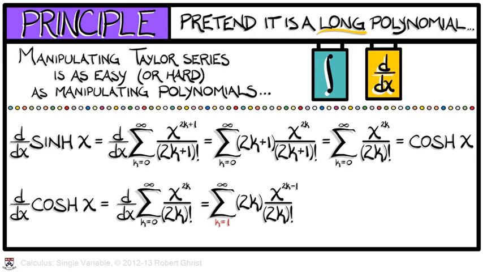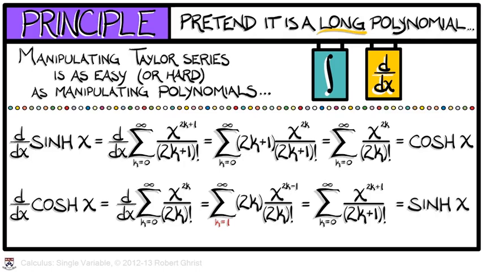Now we have to perform a shift in the index here in order to avoid problems with what happens when k equals 0. Reindexing properly gives us the sum k goes from 0 to infinity of x to the 2k plus 1 over 2k plus 1 quantity factorial. That is the hyperbolic sine of x.